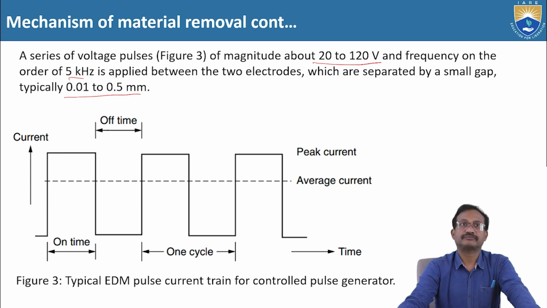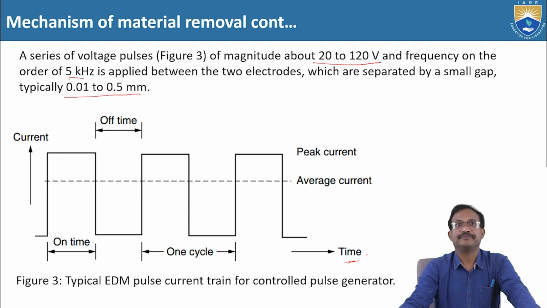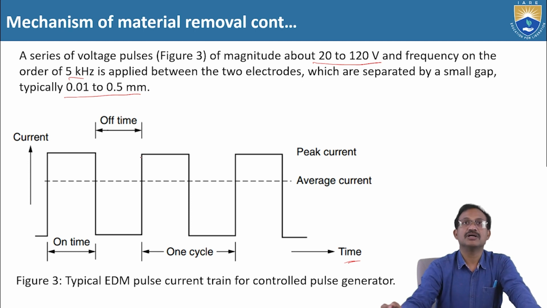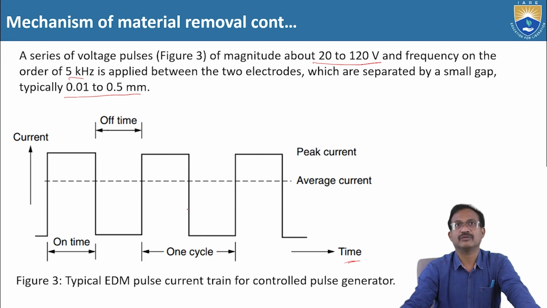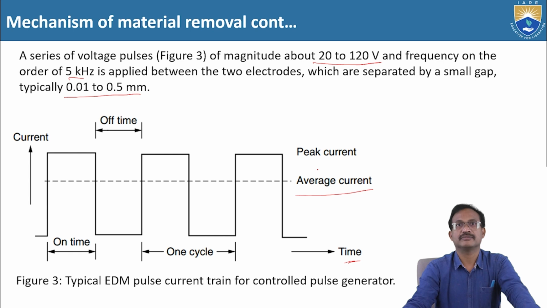Now let us see here. The y-axis represents current, the x-axis represents time. Okay, so here on time, off time. So this is on time, this is off time. Okay, this is peak current. Okay, so this is average current.